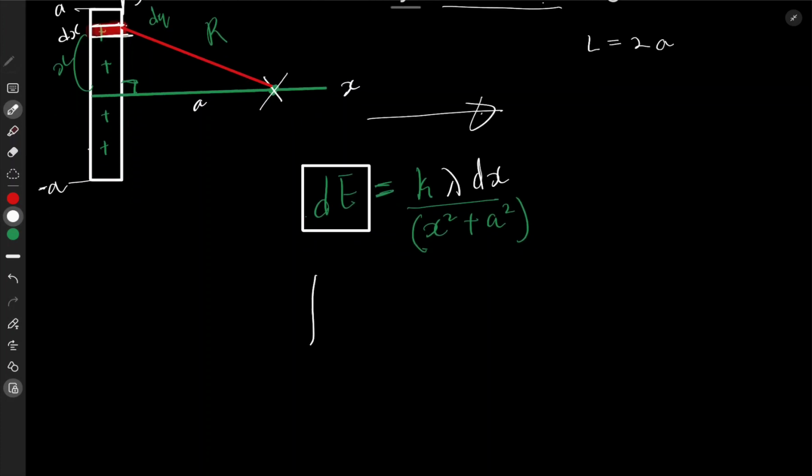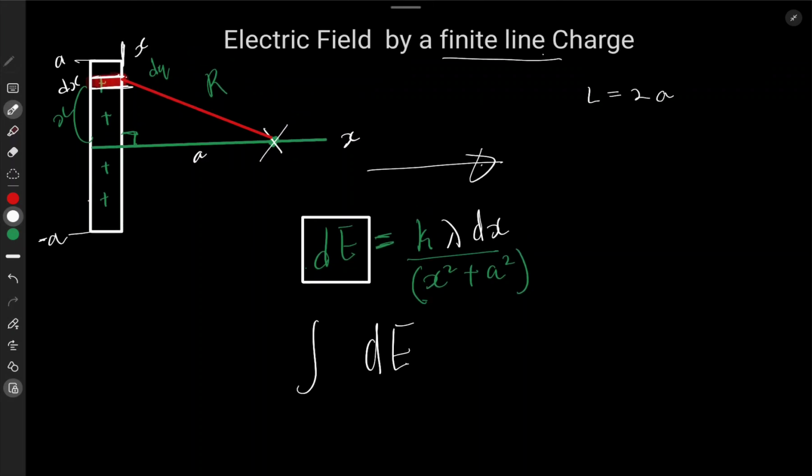So we're supposed to add all the dE's, all the small electric fields caused by any point within the line. Okay, and then we are adding all the dE's from negative a to a, from the start of the rod, or should I say the line, till the end of the line.